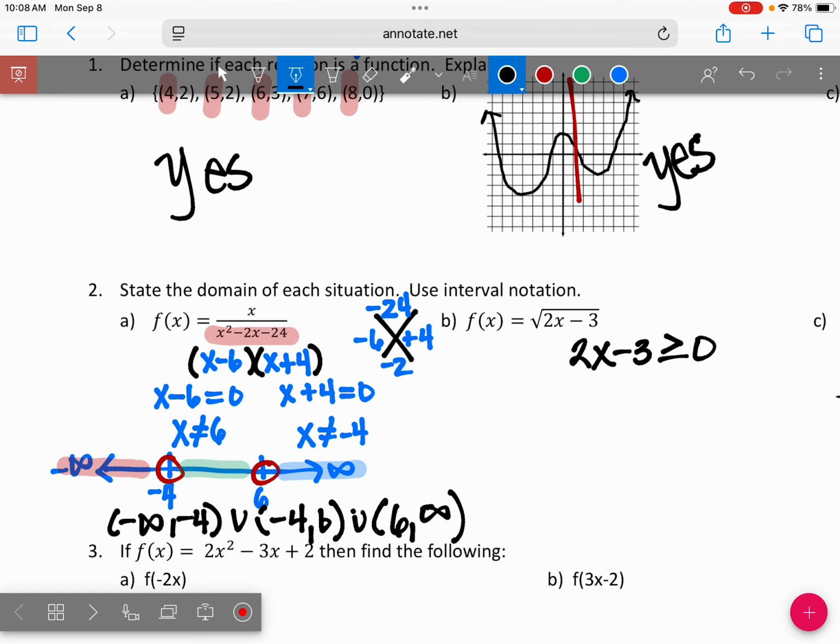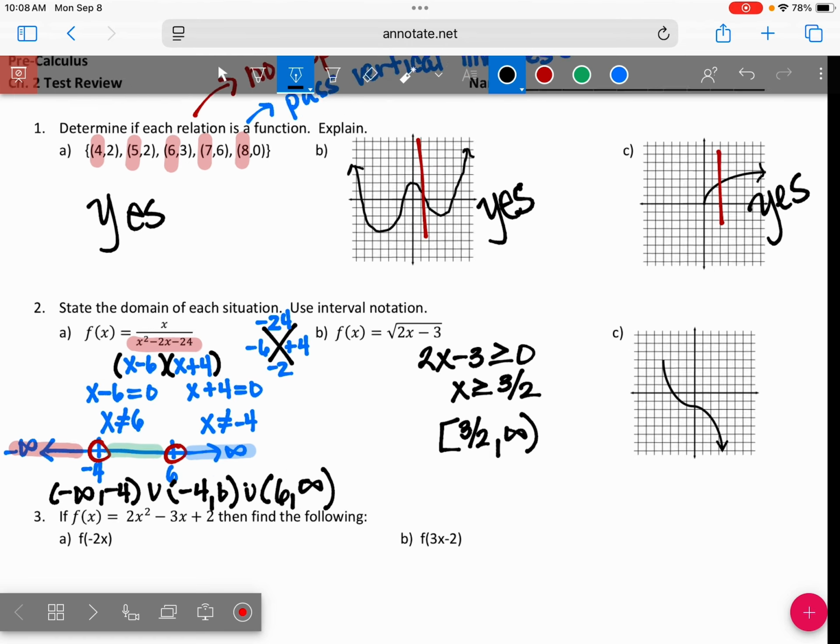So I'm going to do a little bit of algebra, adding the 3 and dividing by 2. This tells me that the values that I can use for this function and not get an error in my calculator is any number greater than or equal to 3/2. So bracket on the 3/2 because we can use that all the way to infinity.